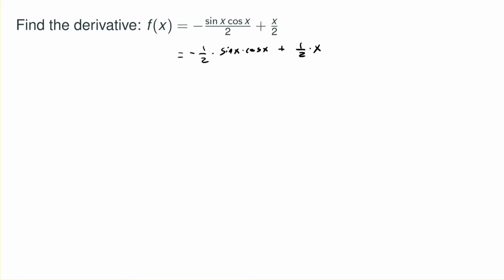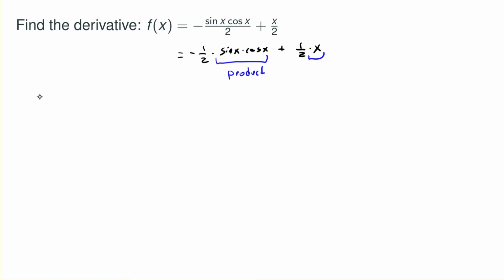And the reason we do that is so that we actually don't need to use quotient rule here, because we can think of it as this constant multiplying to sine x times cosine x, which allows us to use product rule. So for this one, we need to use product rule. After we use product rule, we just multiply negative half to that derivative. And for this one, we just use power rule.